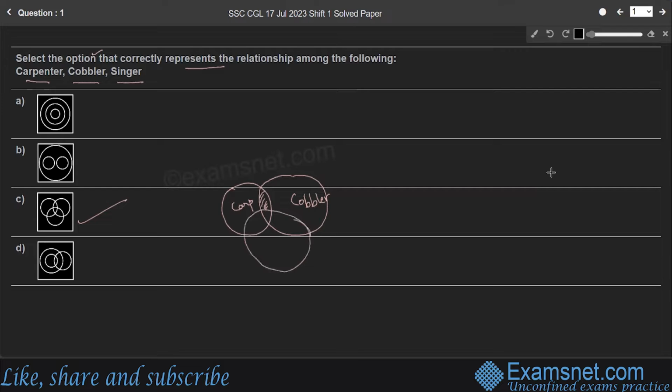Which means a single person can be a carpenter, cobbler and singer at the same time. So that is represented by the common portion to all three sets. Therefore, option C represents the relationship among the classes carpenter, cobbler and singer.